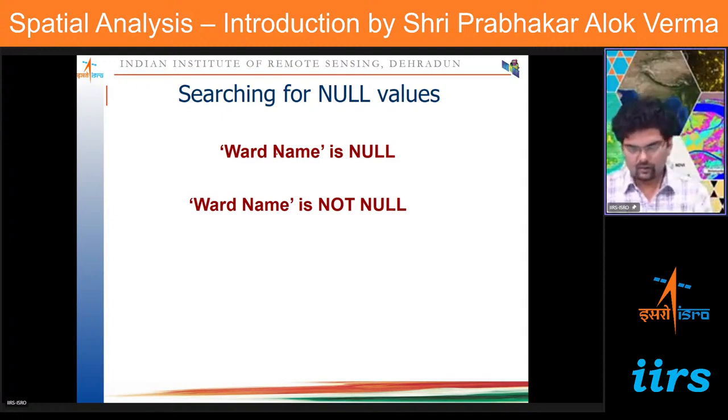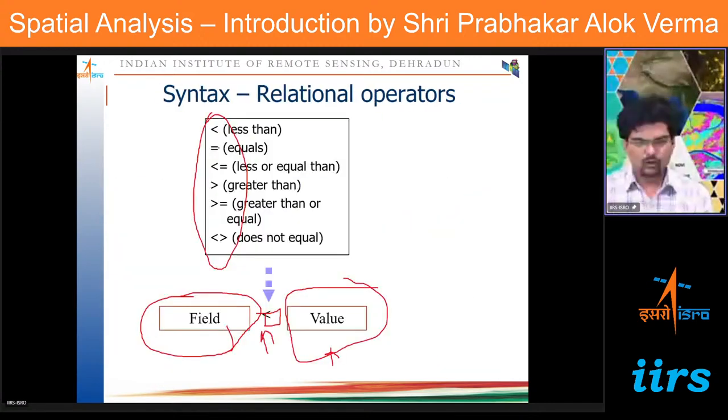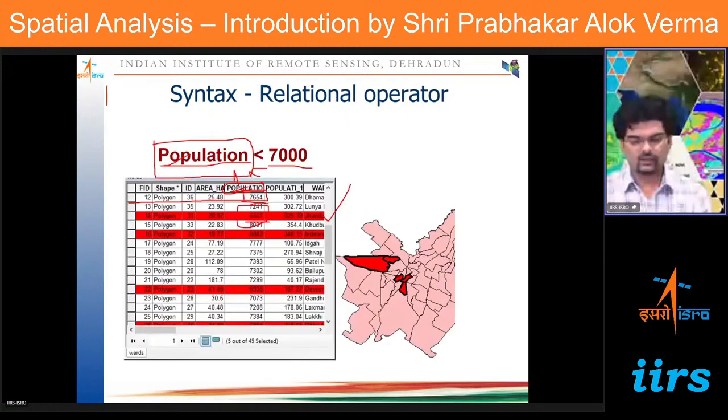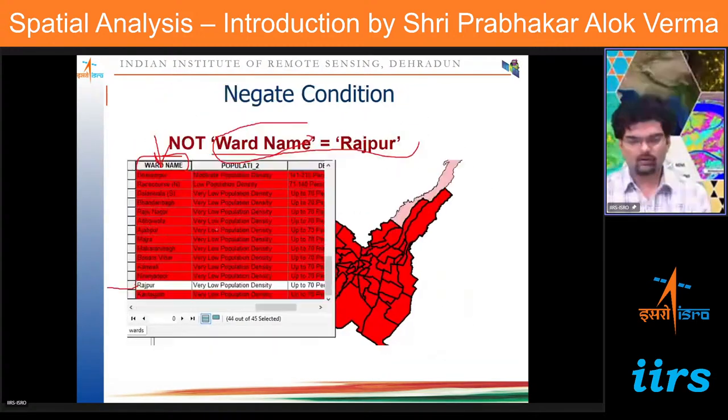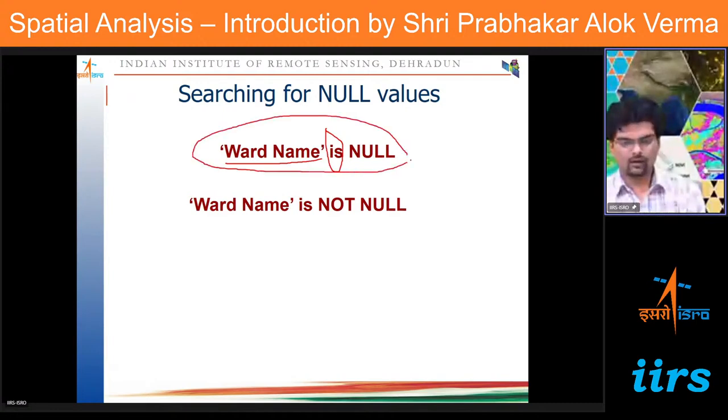For finding out null values, these operators will not work. Less than, equal to, greater than, these operators will not work for finding out null values. For null value finding, you need to use IS. So the query will be ward name, or name of the field, IS NULL. So this will select all the rows or the records or the polygons which are having null values.